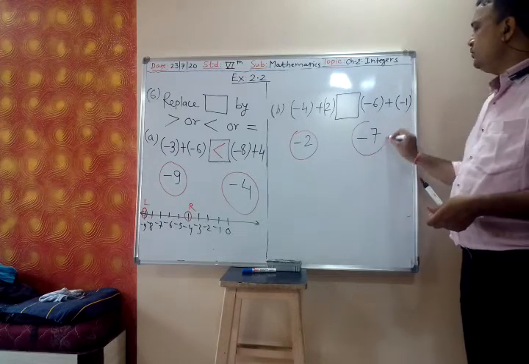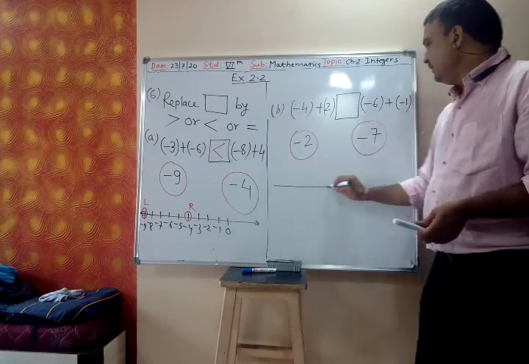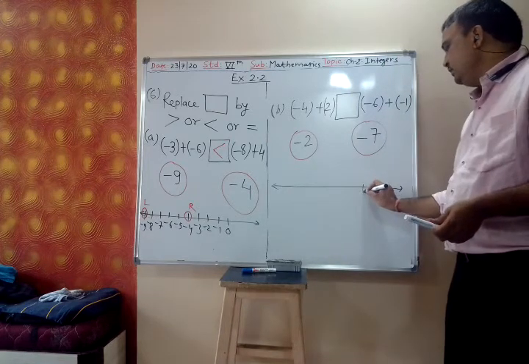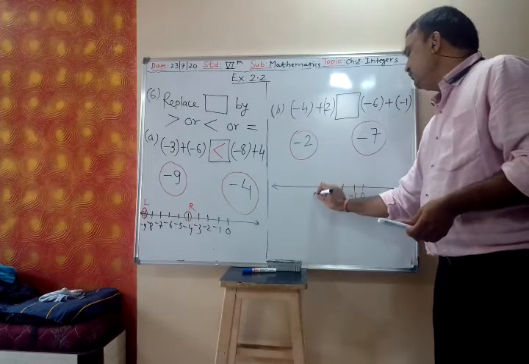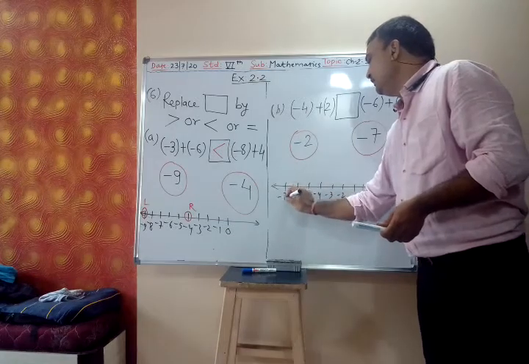So now you have minus 2 and minus 7. Let us see the number line. Which number is bigger? Yes, you have to circle that. 0. This is minus 1, minus 2, minus 3, minus 4, minus 5, minus 6, minus 7.